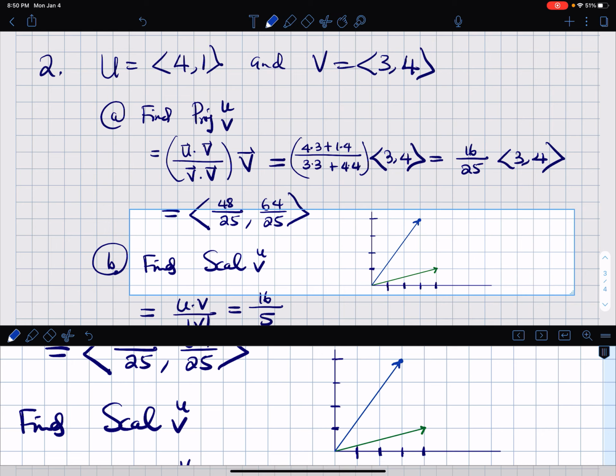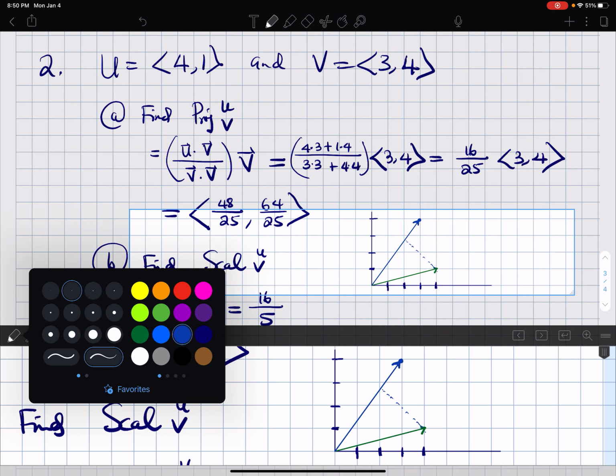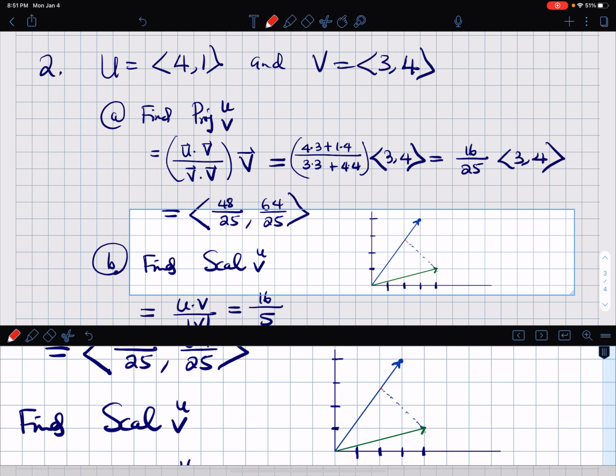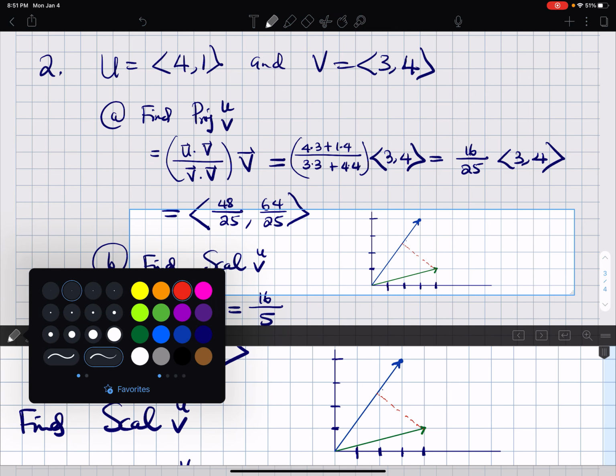All right. So let's look at the orthogonal projection. Let's say it's red. I want to make it a little bit more orthogonal.